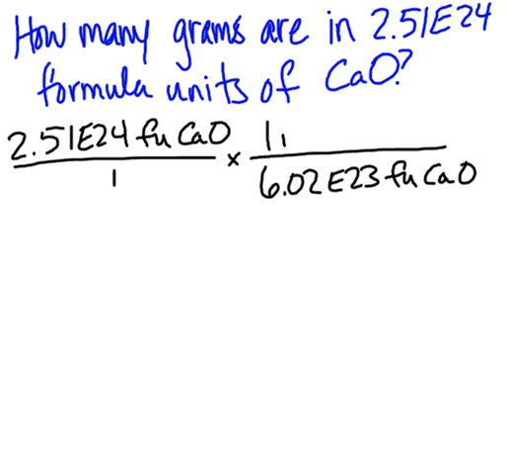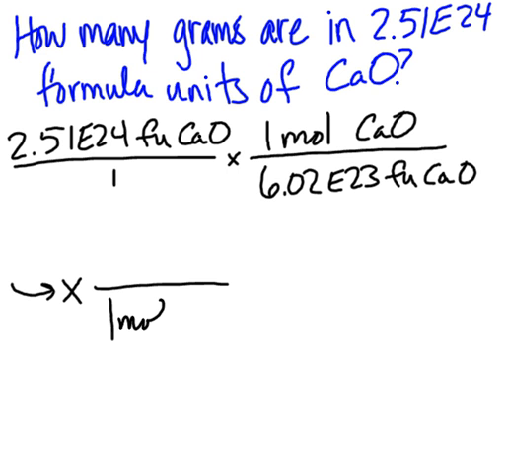Okay, the reason why I'm doing this is so I can get to moles of CaO. Okay, and I'm going to go ahead and continue down here. So if I have moles of CaO on top, I need to have moles of CaO on bottom, and I need to get to grams of CaO.